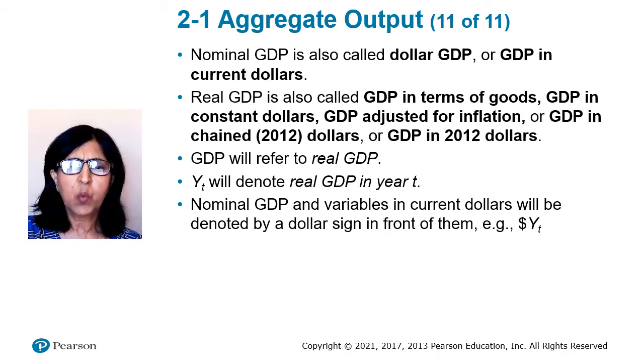Henceforth, when we say GDP, we will refer to real GDP. Y subscript T will denote real GDP in year T. Nominal GDP and variables in current dollars will be denoted by a dollar sign in front of them, for example, $Y subscript T.